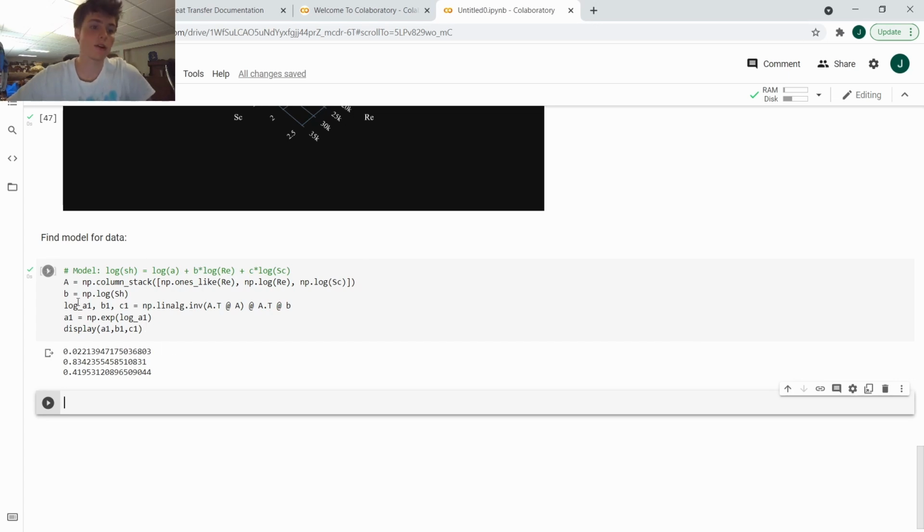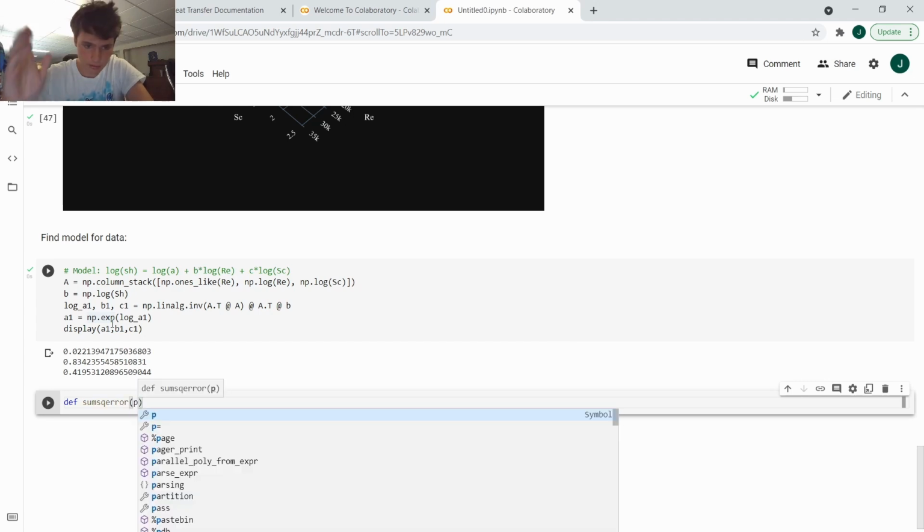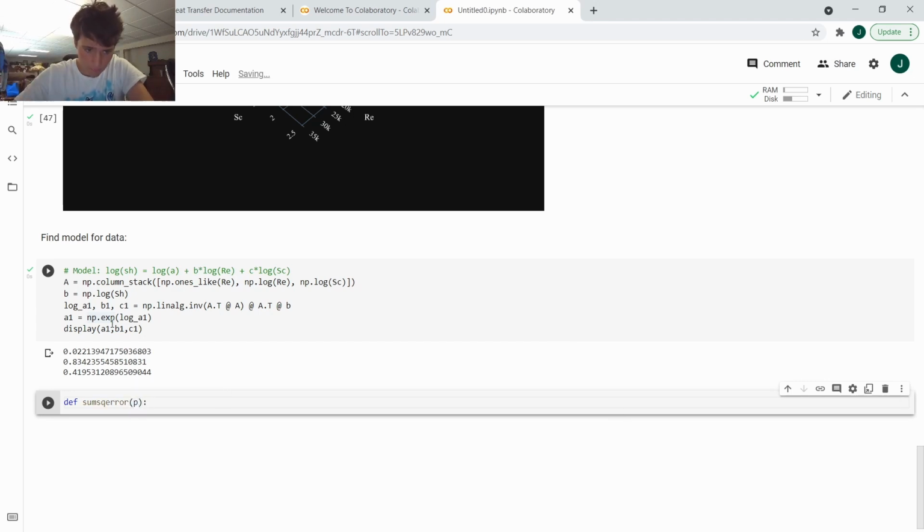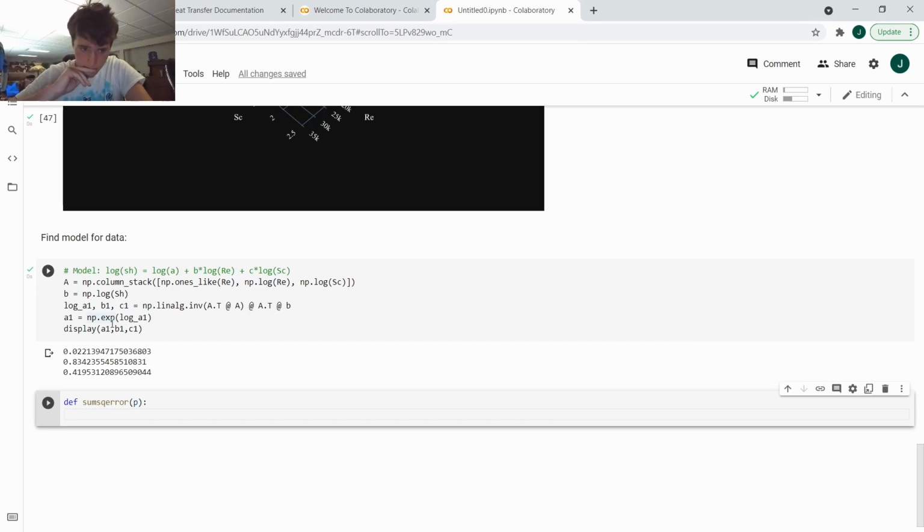We can also solve for this by defining a sum square error function and then minimizing it. So I'll first define what a sum square error is. It's going to take in some argument p, and it's going to return the difference between our experimental data minus what our model would predict.